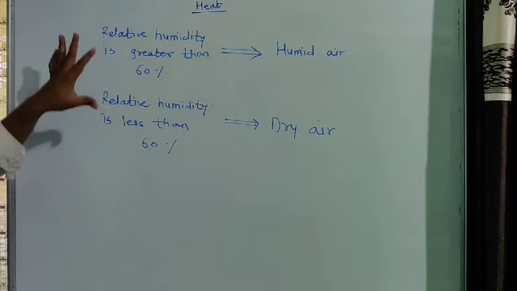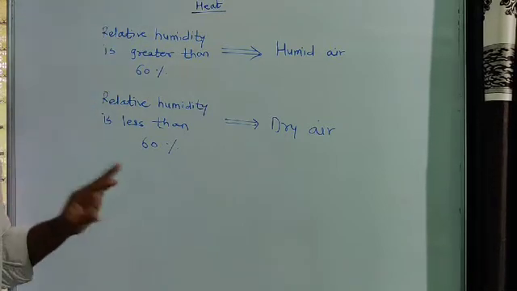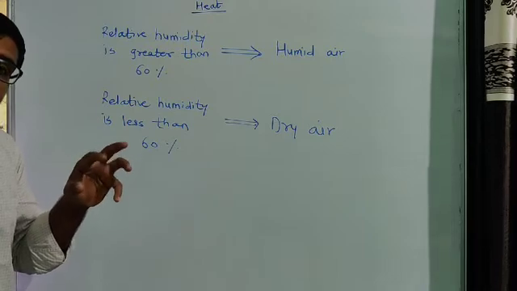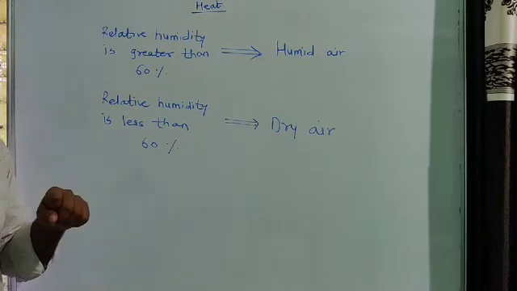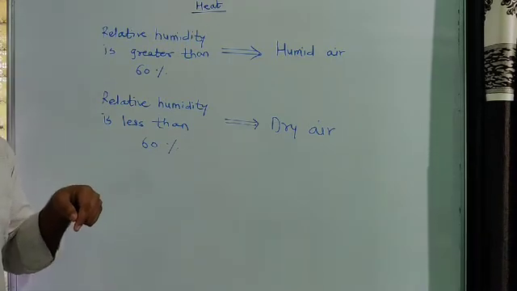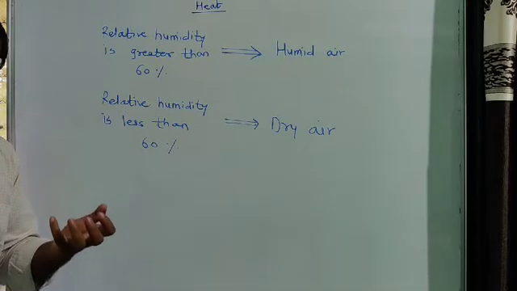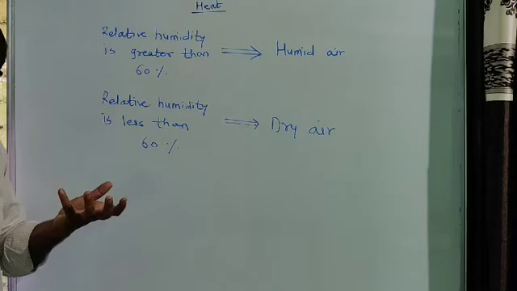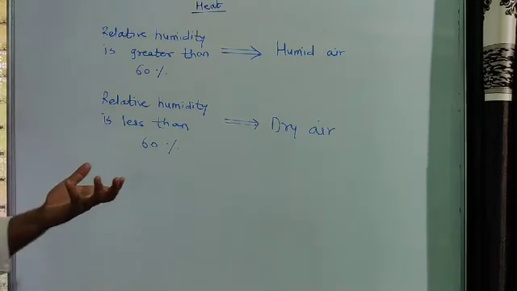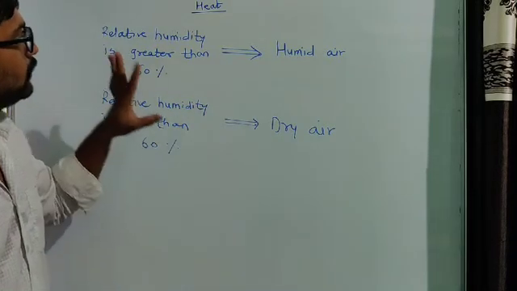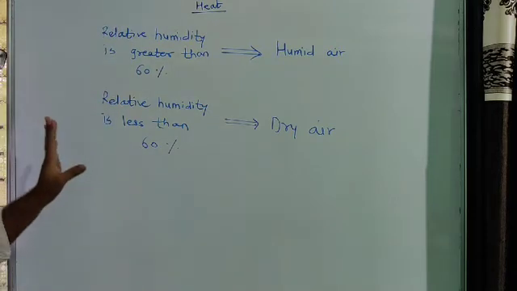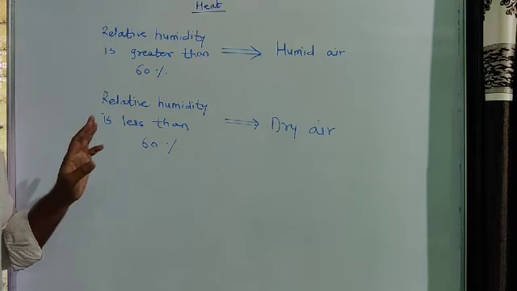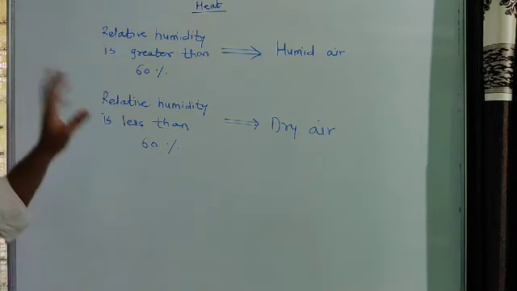So look, relative humidity is the ratio of the actual mass of water vapor present in a given volume of air divided by the amount of water vapor needed to saturate that air, into 100.